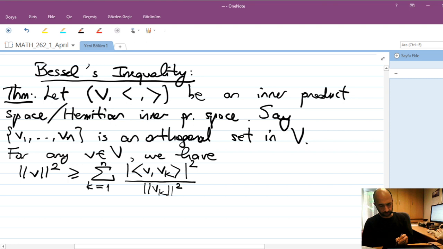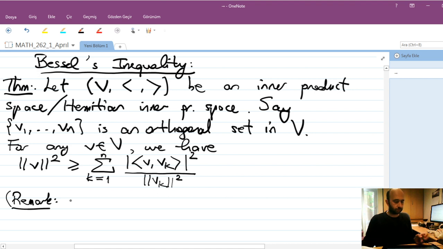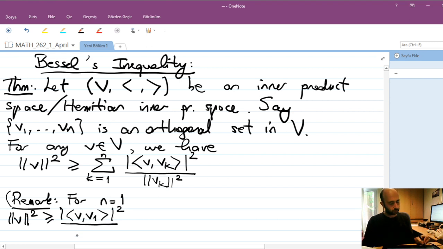Now before proving this, the proof will not be very hard, but maybe I should make a remark first. Already if n is equal to 1, this is already interesting. For n equals 1, what do you get? Modulus v squared, you just have one term in the sum, which is the inner product of v and v1 squared over the norm of v1 squared.